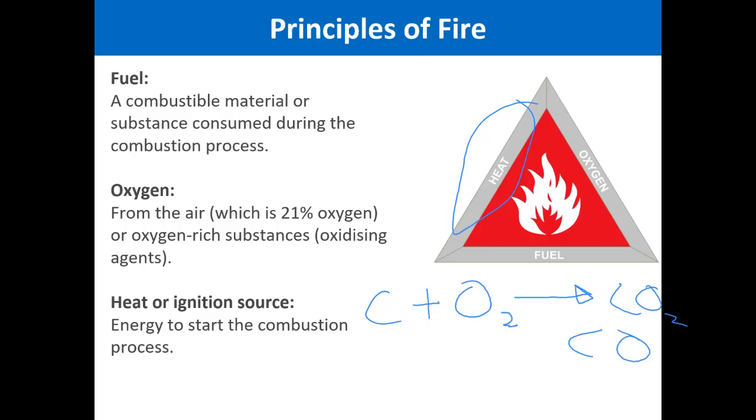This carbon monoxide is very poisonous, and CO2 is also an asphyxiant. So both of these gases are not good. But the only thing I want you to remember is that whenever a fire happens, this is the main process which takes place. The carbon from the fuel combines with the oxygen to form CO2, and unburnt fuel generates carbon monoxide. If the combustion process is not effective, then obviously carbon monoxide is generated as well.